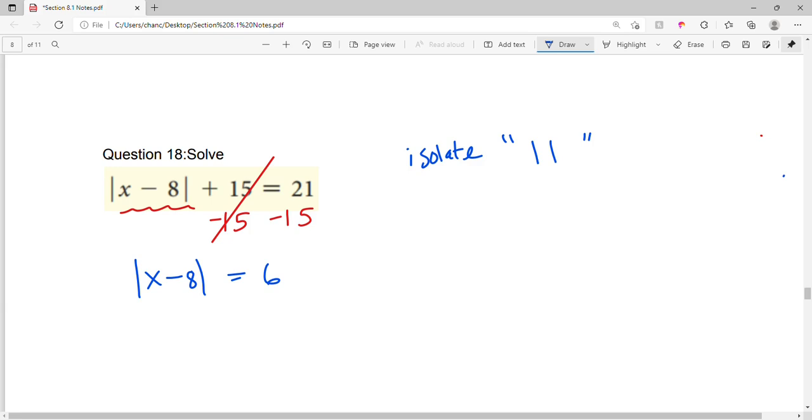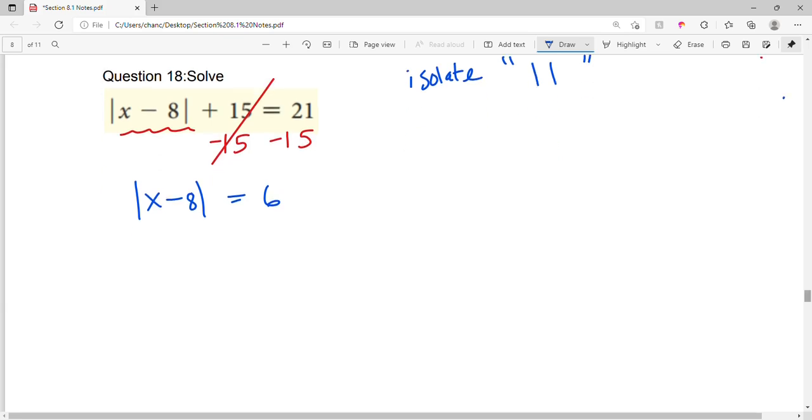Now notice, since the absolute value is isolated, we can rewrite our equation. Now there's two possibilities. Either the inside is 6, that will yield an absolute value that will give us 6, or if x minus 8, the inside, is equal to negative 6, the absolute value is still going to give you 6. So there's two equations. And we can easily solve both of these equations by simply adding 8 to both sides.